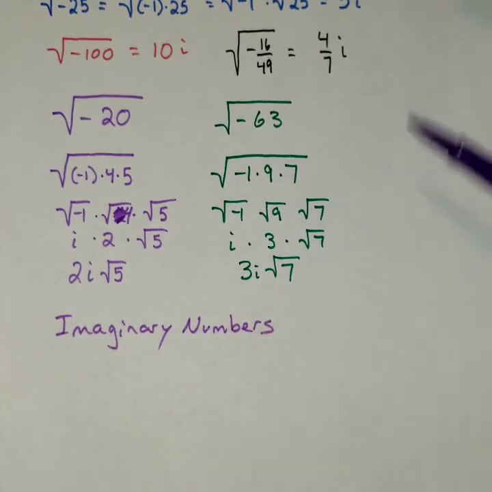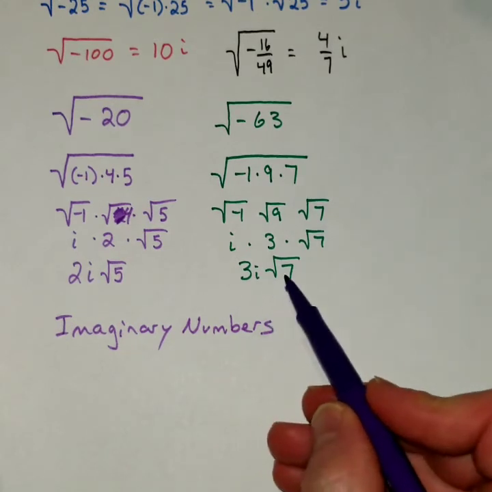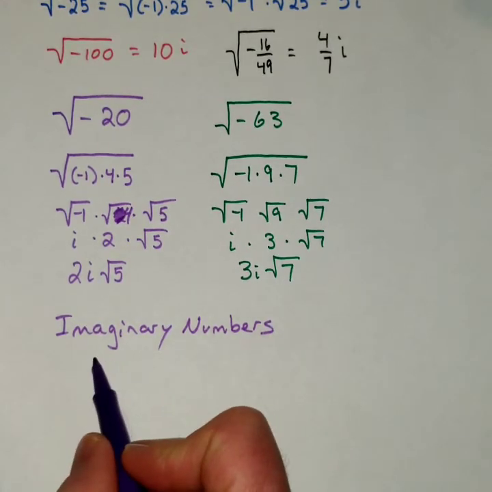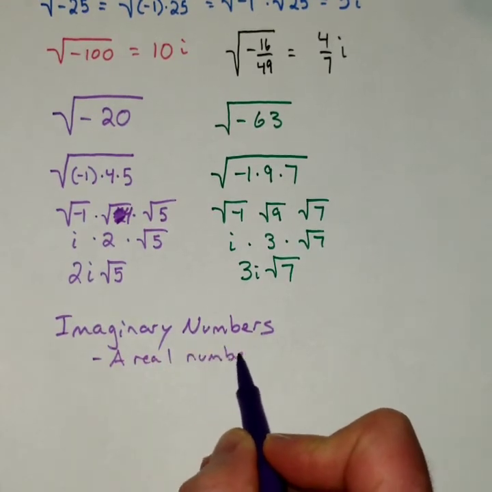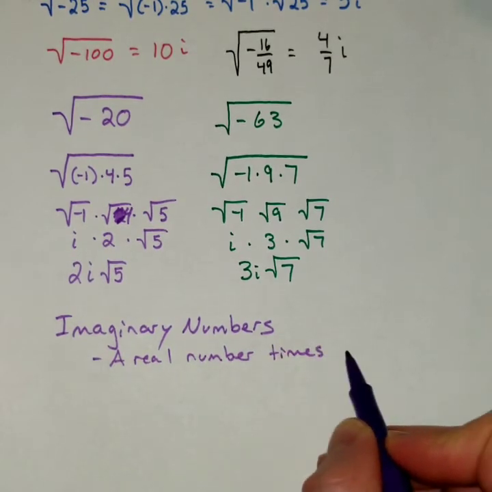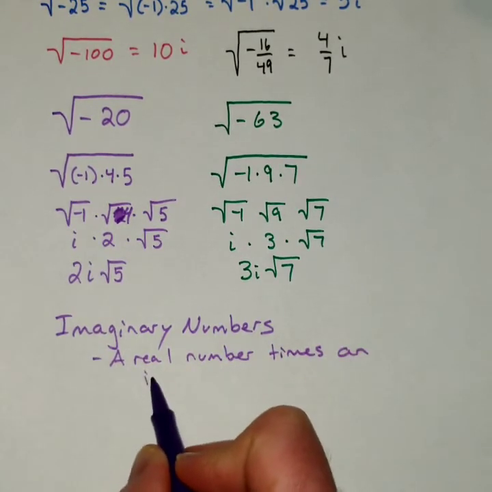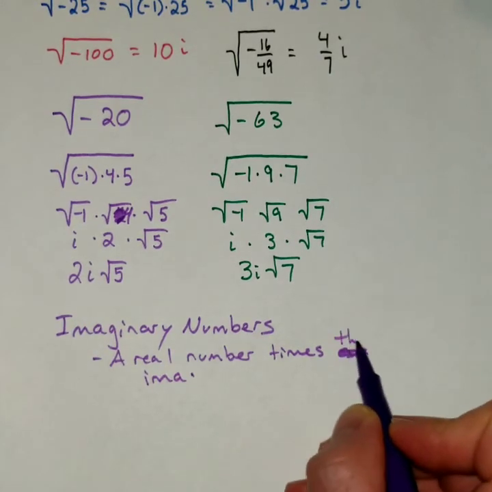All of the ones that we just looked at are called imaginary numbers. They are a real number times the imaginary unit.